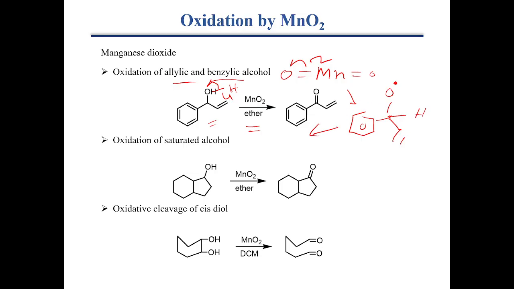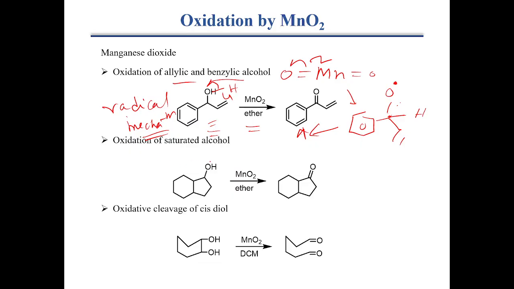After further radical mediated quenching, it gives this ketone here. So a radical mechanism proceeds for the oxidation of any allylic or benzylic alcohol to ketone in MnO2 cases.